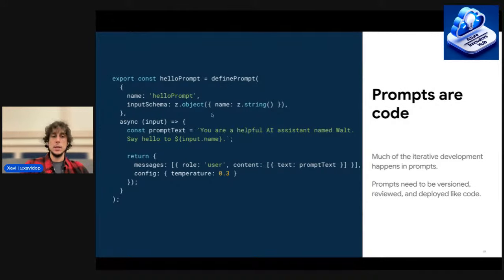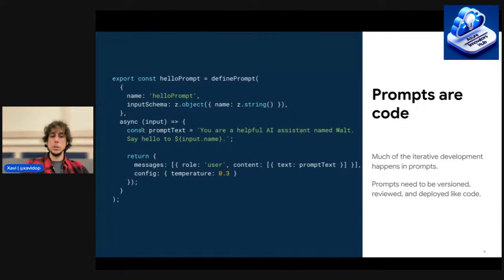And this is really interesting because you will first define the name of the prompt. In this case, it's called hello prompt. But then you will specify the input schema. You can also specify the output schema. And it uses the Zod library, which adds some validation capabilities.